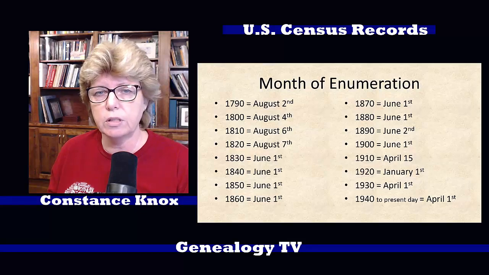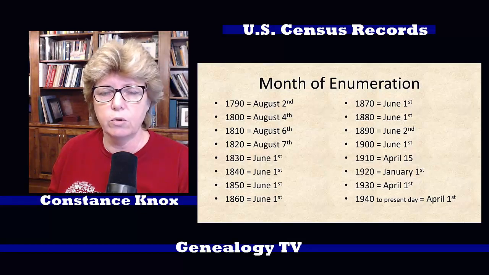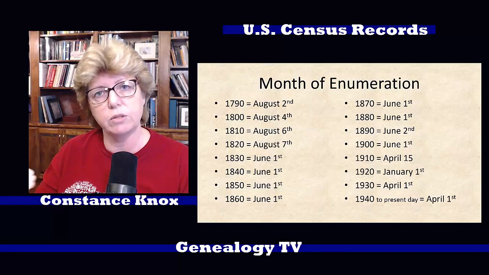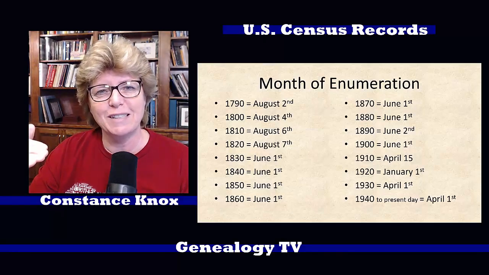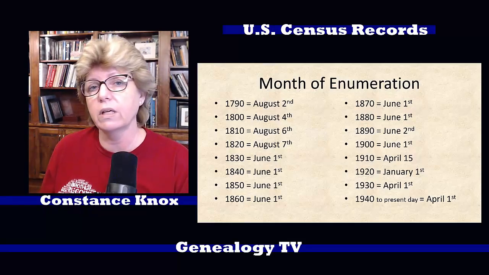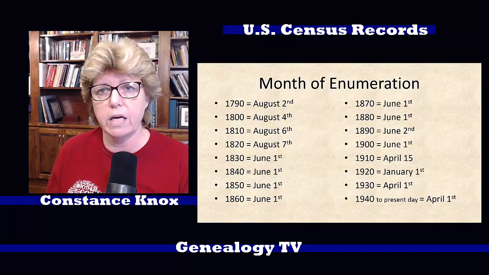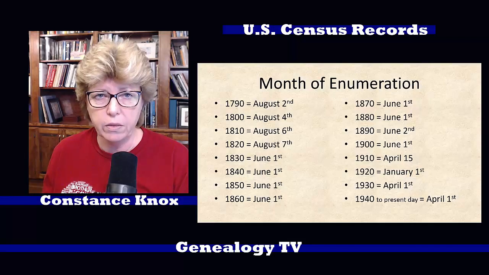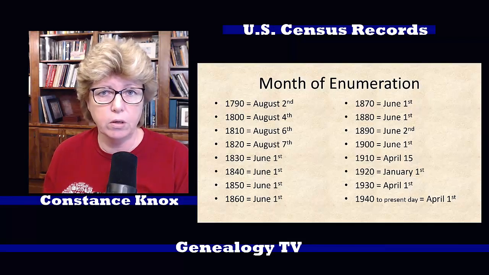Let me back up just a minute. We have census schedules from 1790 to present day, but only available to us because of the Privacy Act to 1940. The enumeration month on the early schedules was August.